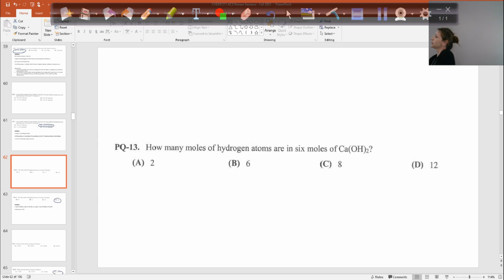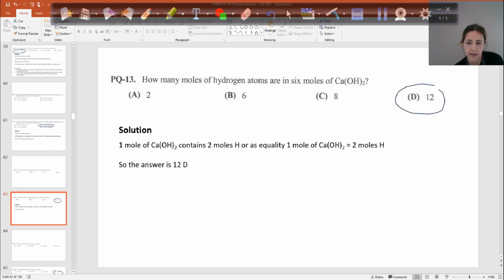If it's a question that you think you are going to get right, even if it requires some calculations, go for it. Questions like this, you should be able to see pretty quickly. Each one unit of these has 2 hydrogen atoms, so there is a ×2 conversion factor here. And that's exactly what this is, 12.